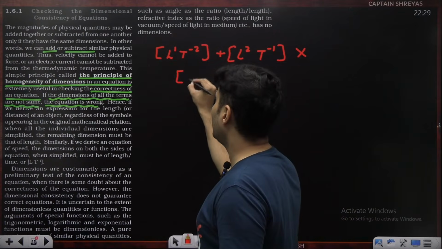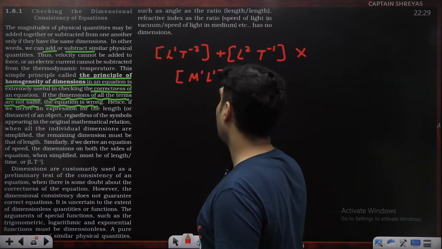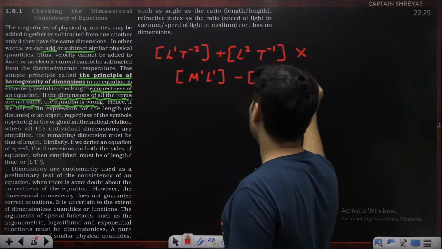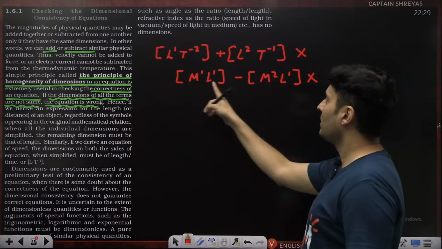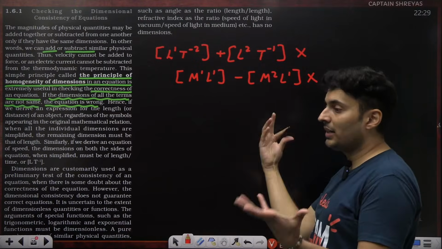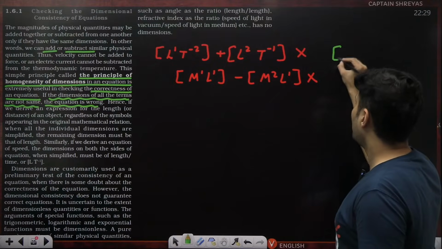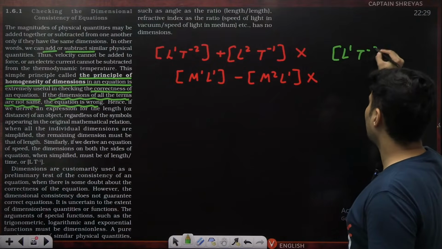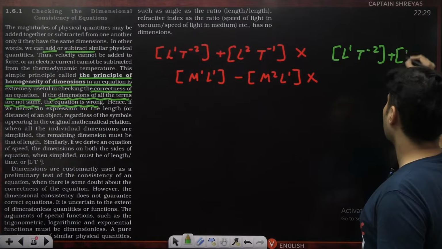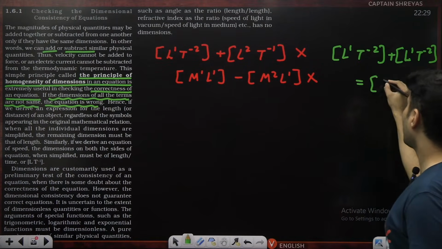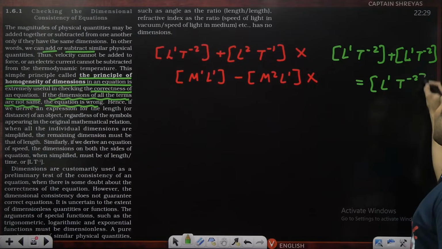I can't even write this m raised to 1, L raised to 1 minus m raised to 2, L raised to 1. Definitely not correct, because I'm subtracting two things with different dimensions. What will be correct will be L raised to 1, t raised to minus 2 plus L raised to 1, t raised to minus 2 is equal to L raised to 1, t raised to minus 2.